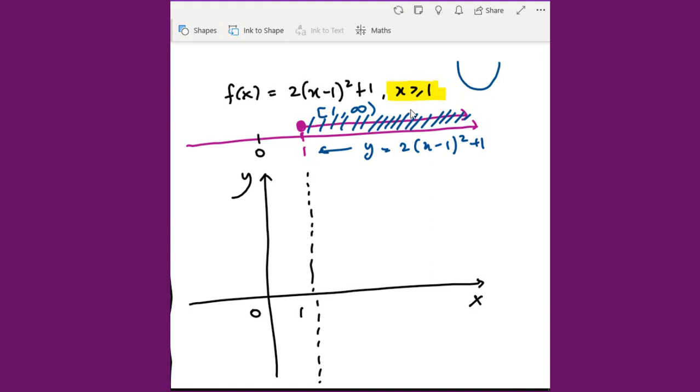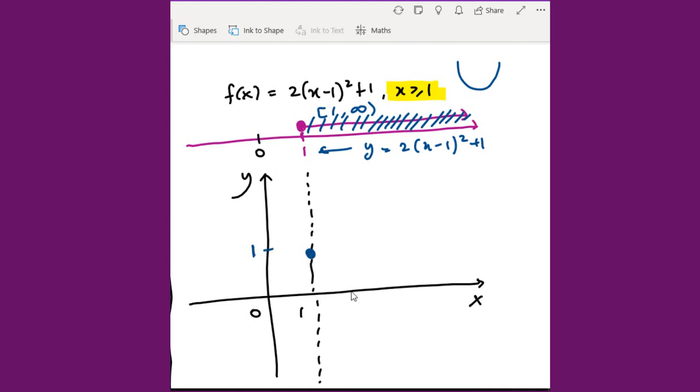The pattern of the graph for a quadratic is a smiling graph. Now the domain is given, so you cannot sketch all of the smiling graph, because it depends on the domain. Let's say this is 1. Just substitute: when x is equal to 1, 1 minus 1 is 0, 0 plus 1, so the first point is (1, 1).